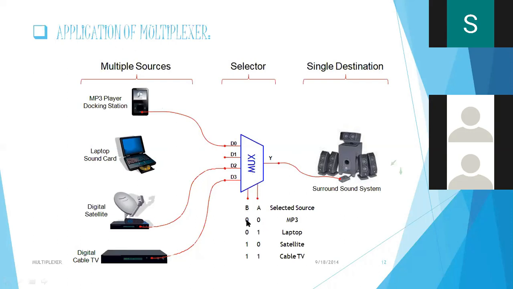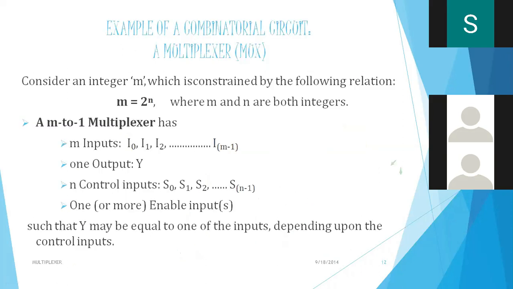If we give 00, it will take the surround sound system from the MP3 player. With the 01 combination, it will take the sound from the laptop sound card. And 10 means the digital satellite. With the 11 selection line, we take the sound from the digital cable TV. Is it clear? Is there any doubt regarding multiplexer?